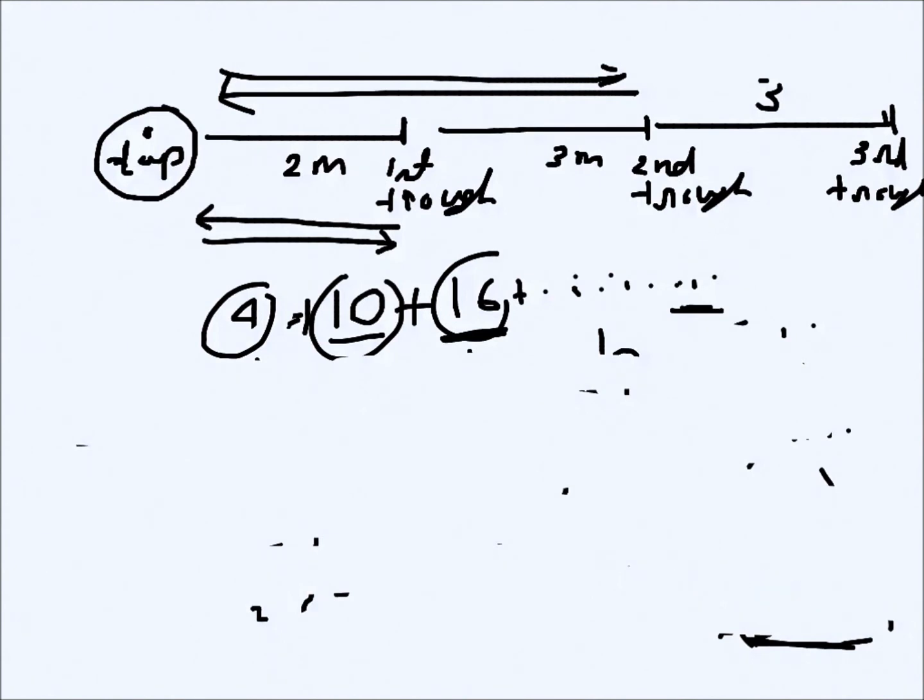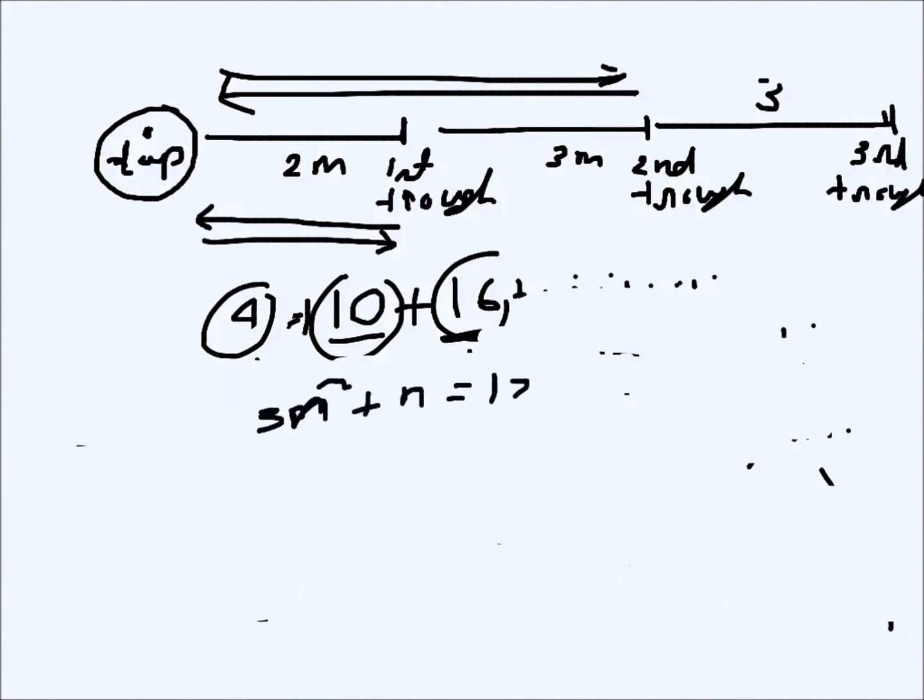It's just equating that and then finding the values. So 3n square plus n is equal to 1220, so 3n square plus n minus 1220 is equal to 0. If we just use the formula for solving a quadratic equation, we can find the solution.